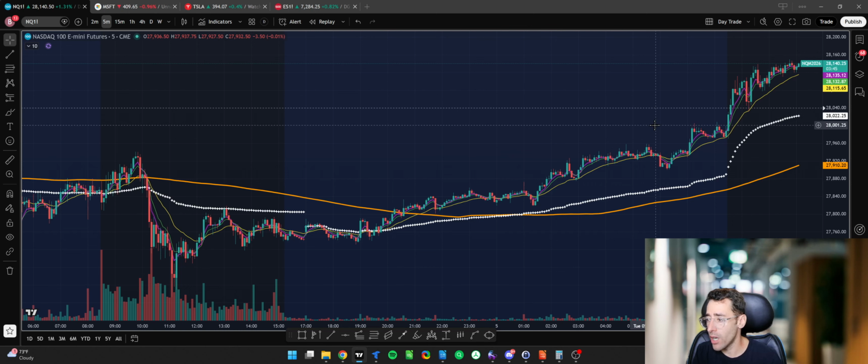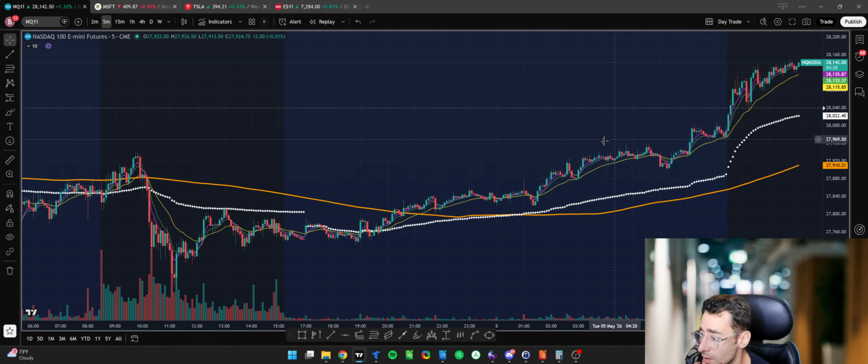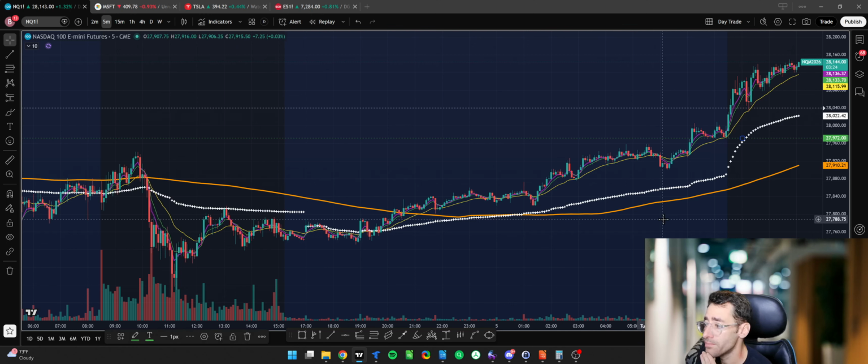So I would take this trade, longing at 28,000. Where's my stop? I would ask you guys where it should be if this was live, but it's not live right now, so I'm going to tell you. It would be right here at that structure.